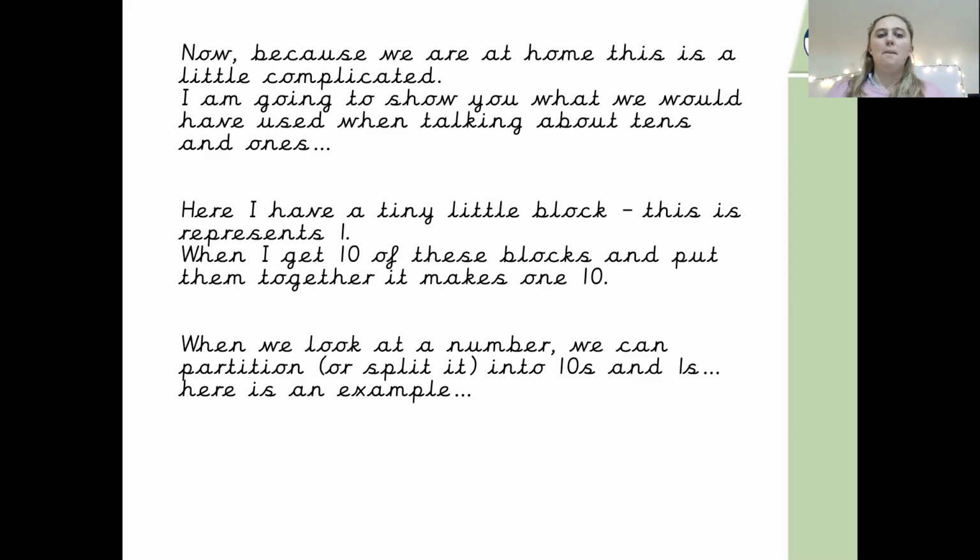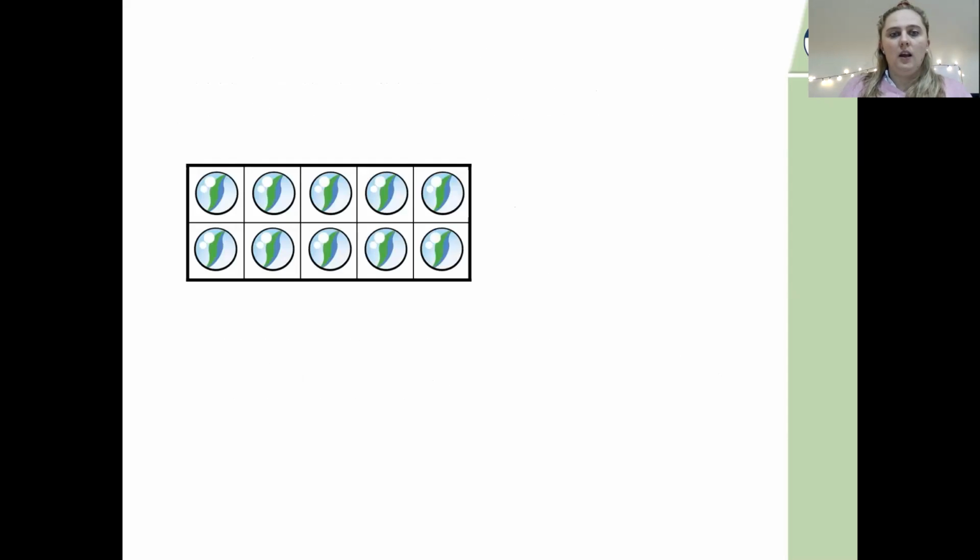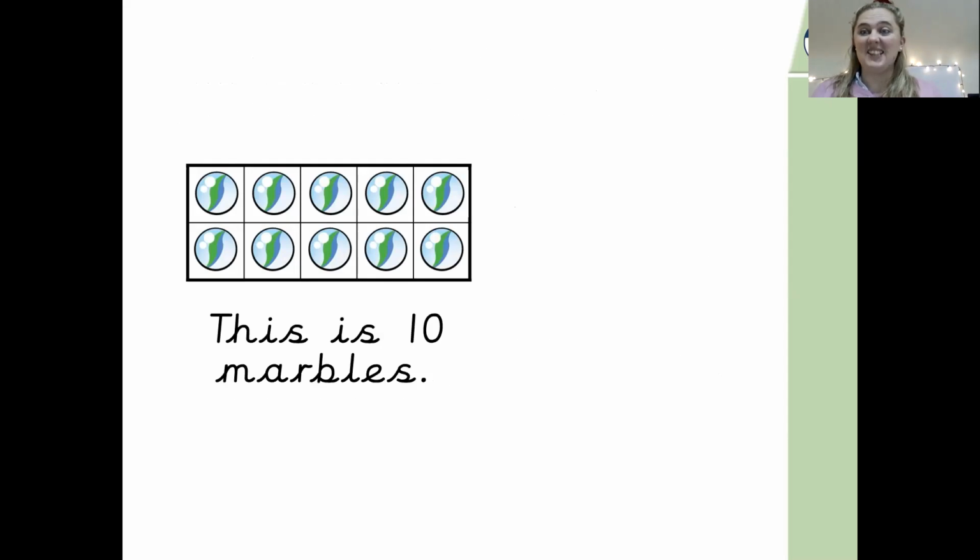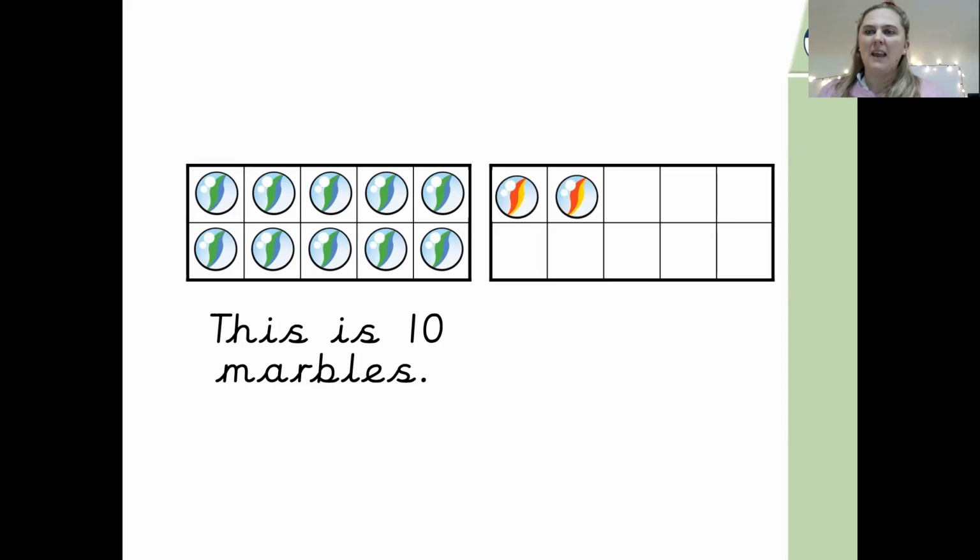So when we look at a number, we can partition that number or split it up into tens and ones. Okay, here is an example. This is 10 marbles, isn't it? How many marbles have I got there? 2, good.